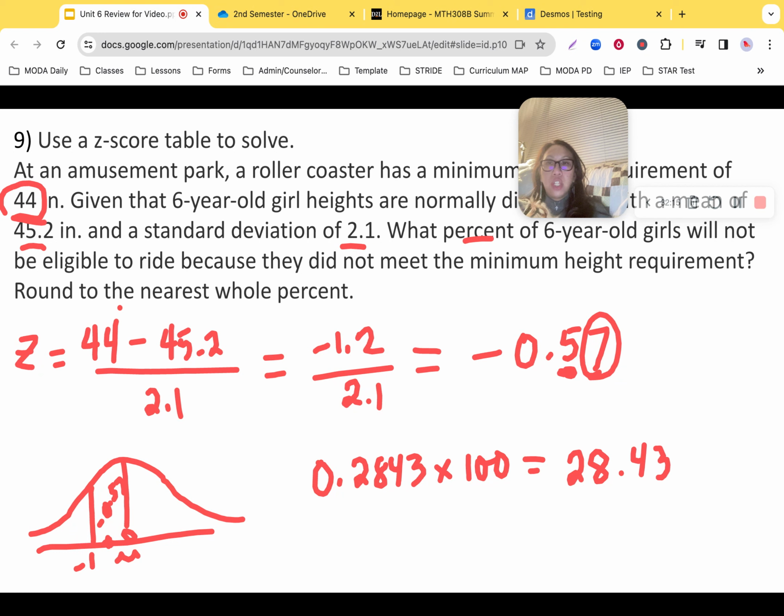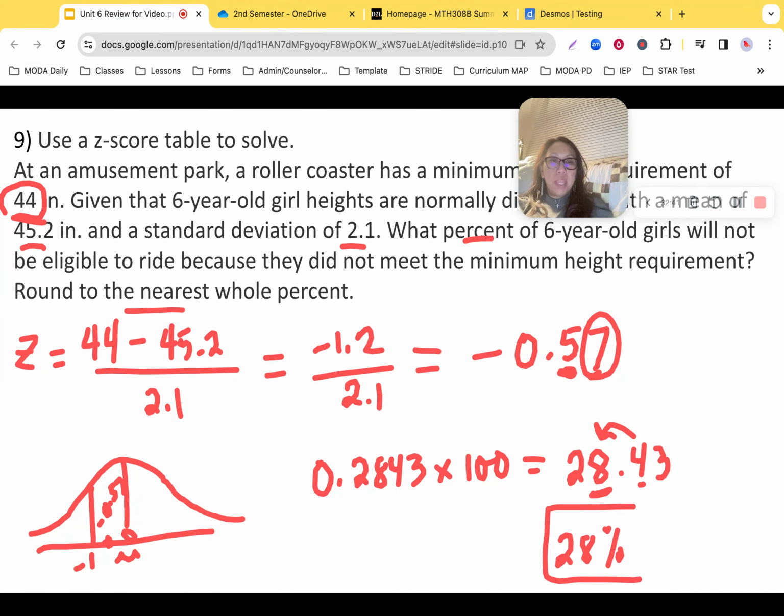Multiplying that by 100, you'll get your percent, which is 28.43. To round it to the nearest whole percent, we're looking at the number next door to the 8, which is 4. If it's 5 and up, you round up your 8 to 9, but this is below 5, so we keep it as 28%.